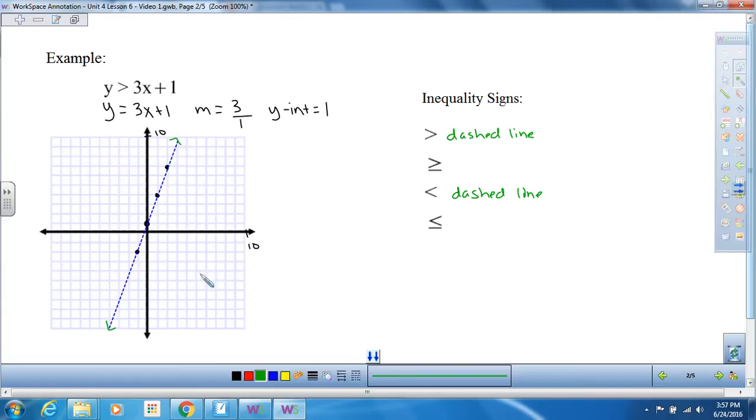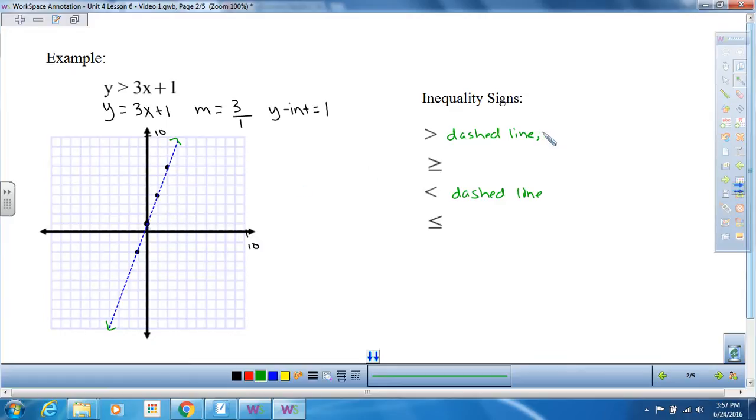Okay, some other things to note, we have shading. So remember on a number line, if it's greater than, you're shading to the right. If it's less than, you're shading to the left. So this is greater than, we would shade to the right, but what that actually means on a coordinate plane is above or below.